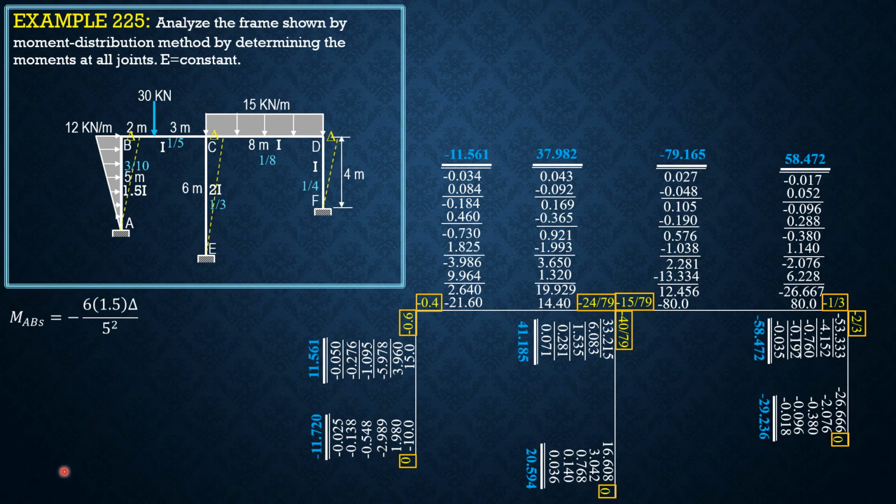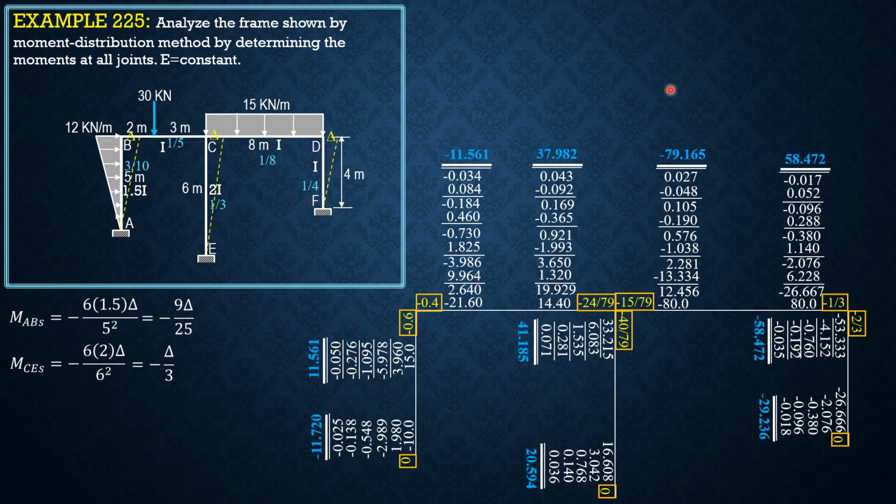Then V sub E is 1/6 of MEC plus MCE, while V sub F, treating DF as a free body, there is MDF, which is clockwise also. V sub F times 4 equals MFD plus MDF. So V sub F is 1/4 of quantity MDF plus MFD.